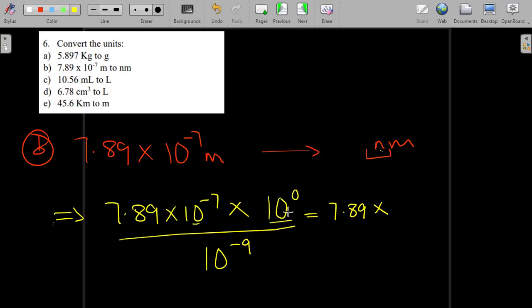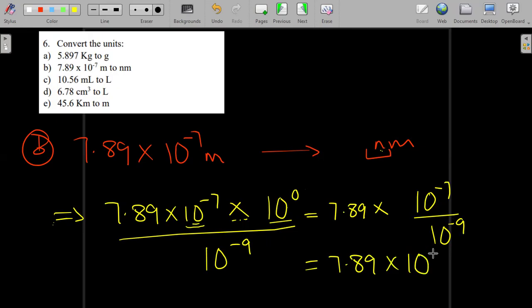So this is the same as 10 to the power minus 7 plus 0. That will just give us 10 to the power minus 7 because we are multiplying here. And then here we are dividing. So since here we are dividing, it's going to be minus 7 minus the power that is down there, which is minus 9.